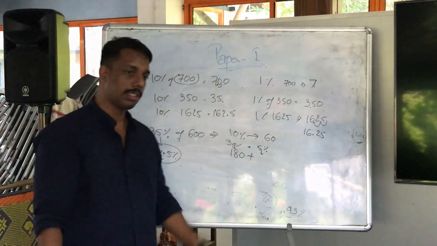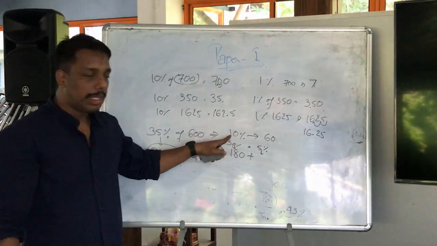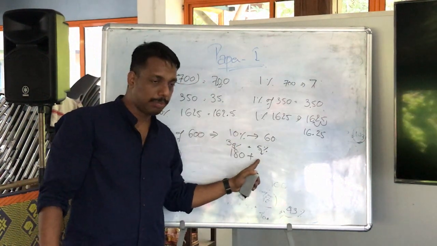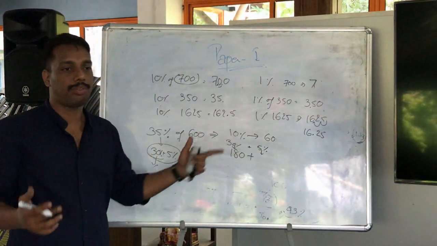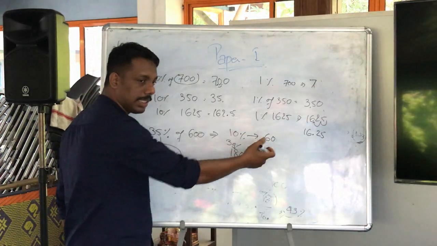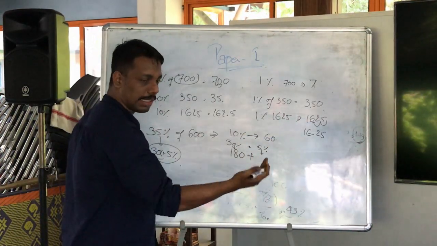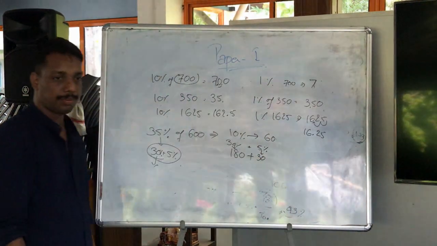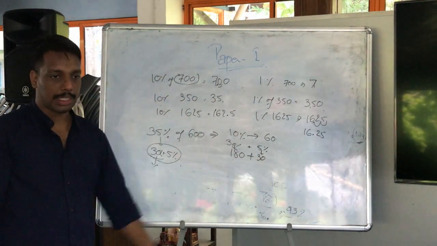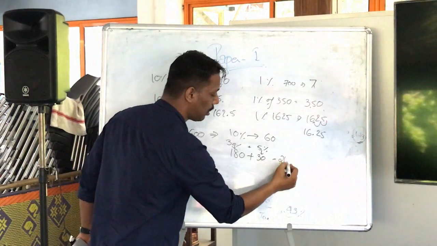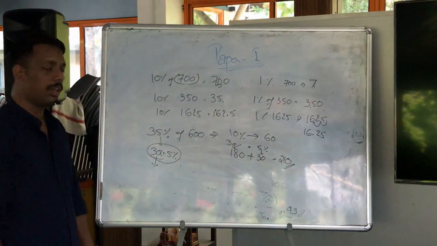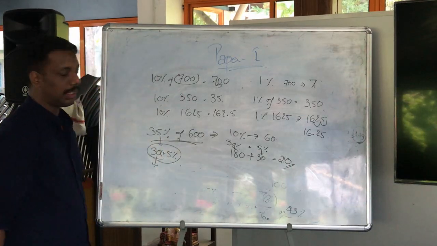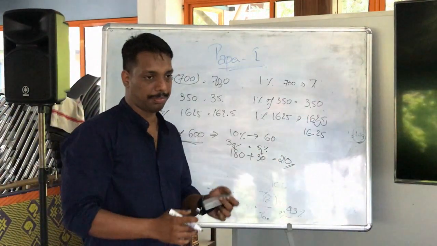What is 5%? It is nothing but half of 10%. If 10% is 60, 5% of 60 is half of 60, which is 30. So 180 plus 30, 210. Without using any equation, you directly find out the answer, the 35% of 600. Right?